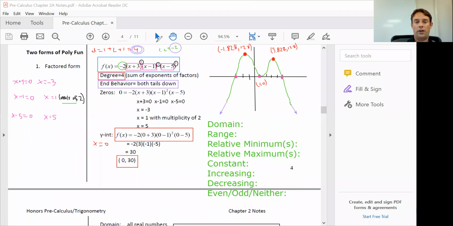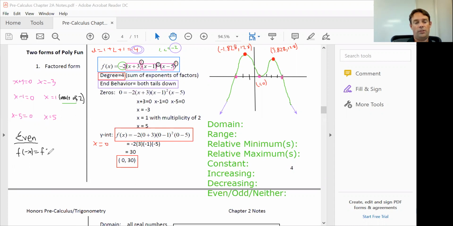By the way, if you forgot what even, odd, or neither is, let me write that up here for you. I'm not going to go through and test the algebra on it, because being that it's a polynomial, we can tell right from the get-go.